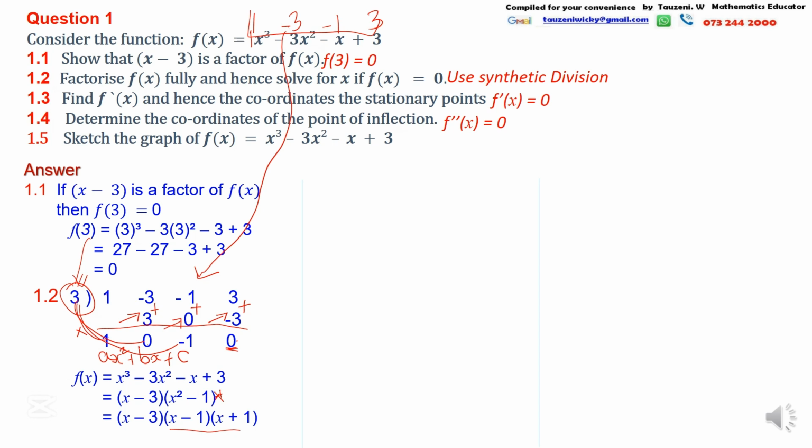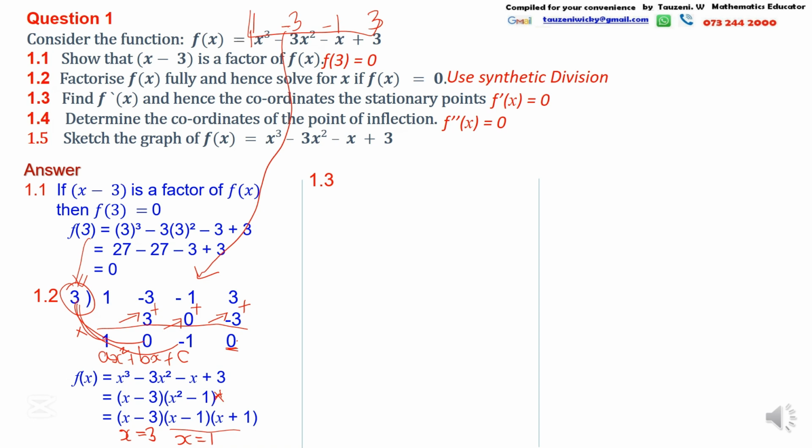Where the question says solve for x if f of x is equal to 0, we are simply equating the factorized equation to 0 to get the values of x. So that's number 1.2. Solving, the first bracket gives us x is equal to 3. The second bracket gives us x is equal to 1.